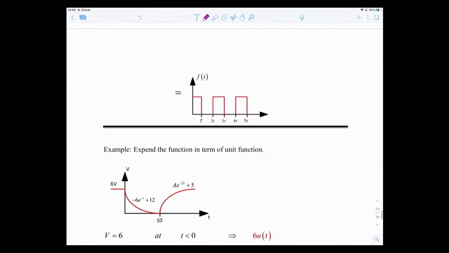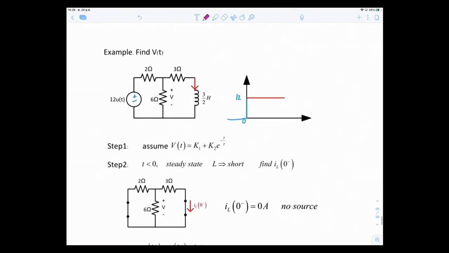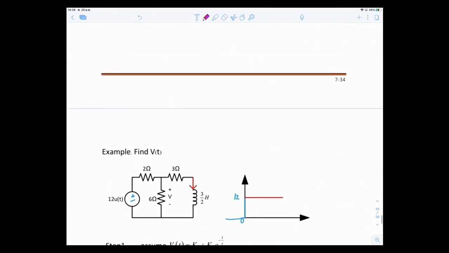So I give you one example right here. We want to find v(t) across the 6 ohm. There's no switch on and off anymore, but the voltage source is given as 12 u(t) volts.